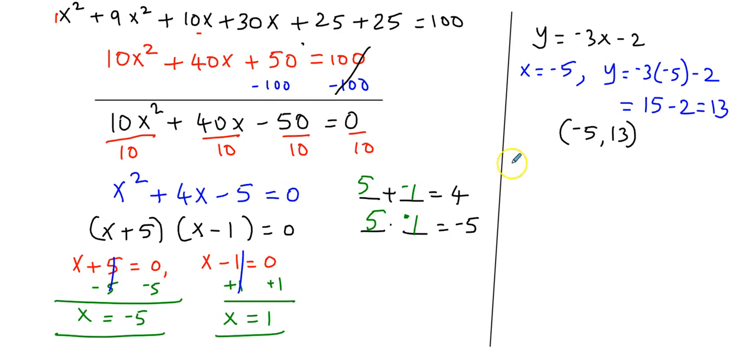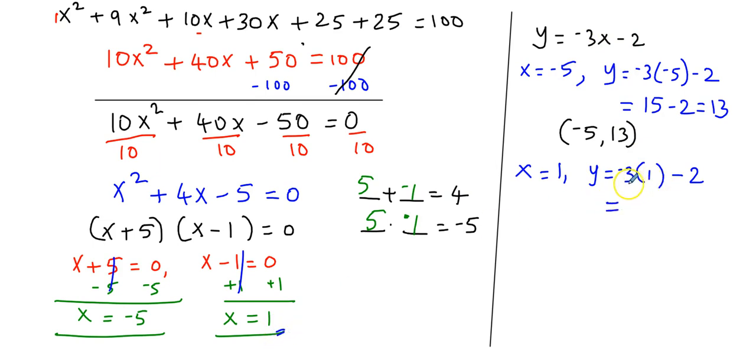Similarly, let us take x equal to 1. On taking x equal to 1, y becomes -3 times 1 minus 2. See, back again I'm substituting into y is equal to -3x minus 2. So the x value is 1. This 1 goes there.